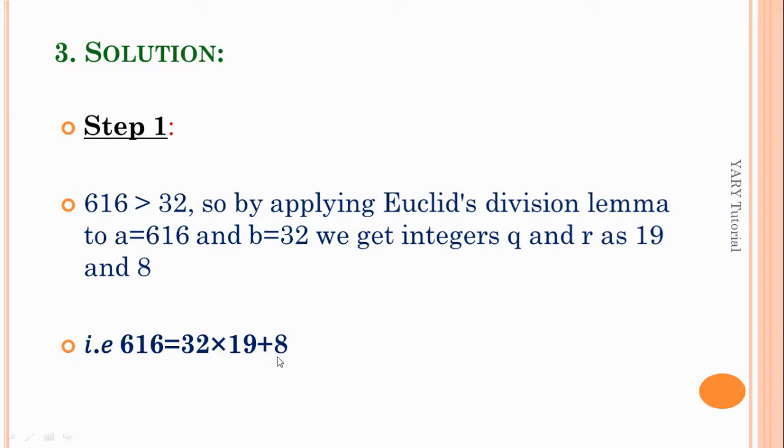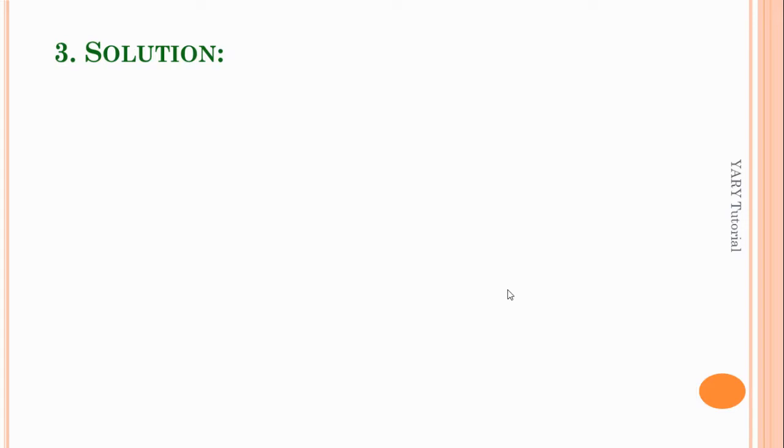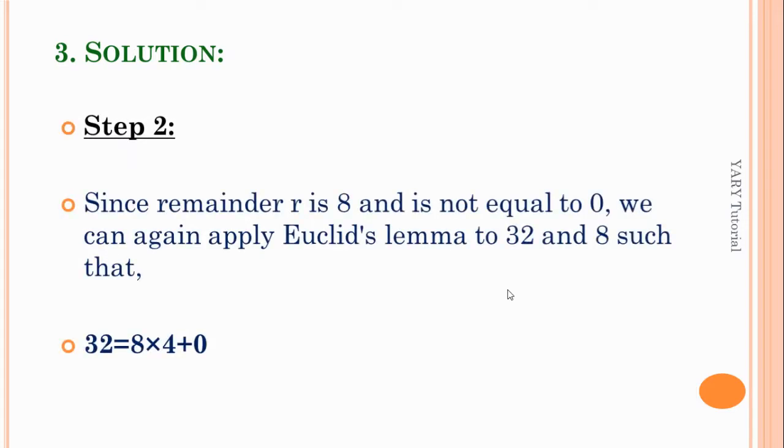Since the remainder is not 0, we will be doing Euclid's division lemma again till we get 0. So we apply Euclid's division lemma to 32 and 8 such that 32 is equal to 8 into 4. 4 8s are 32, and we will be having 0 as the remainder.